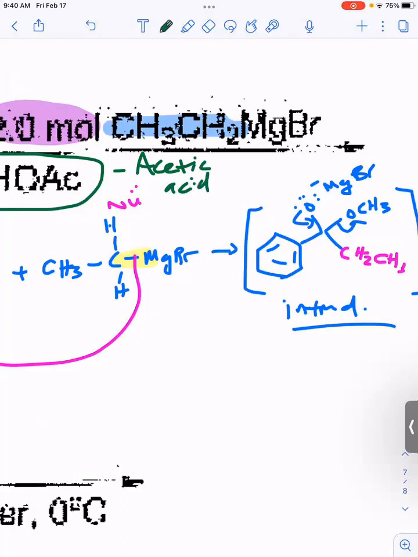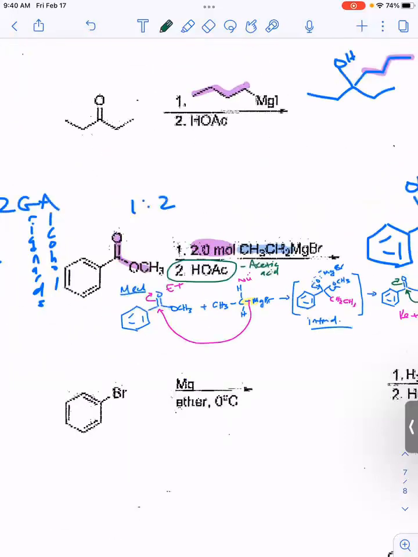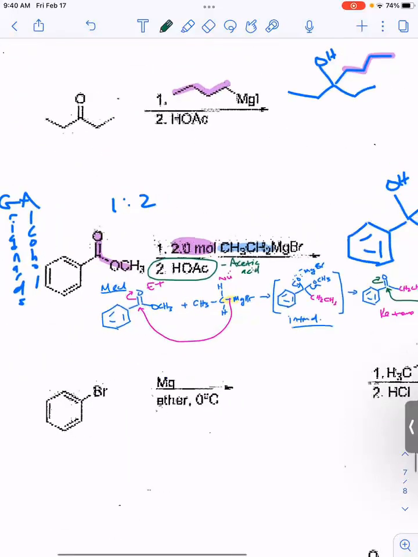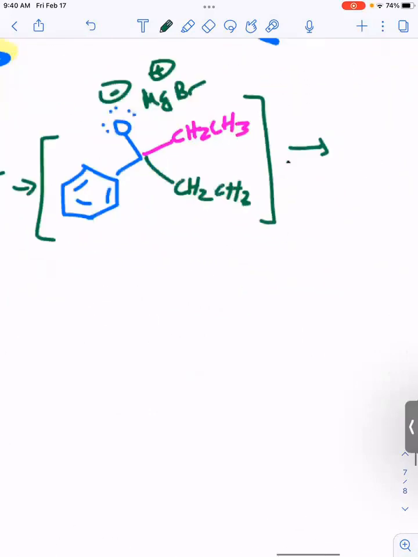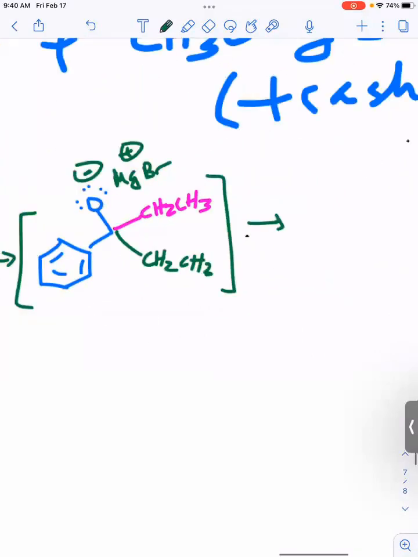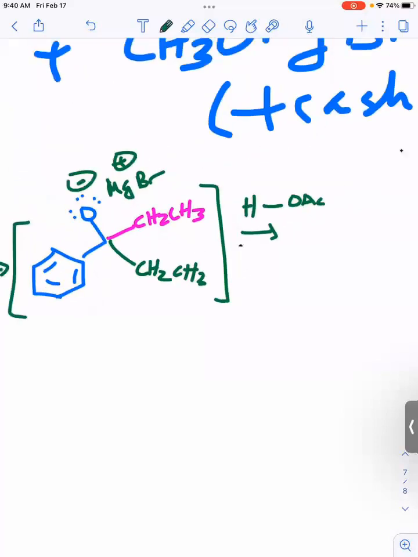If I'm thinking in terms of addition of a Grignard to a carbonyl, what's the role of the acid? Add hydrogen. It's a proton source. Good. I'm going to draw it out so you can see what happens here. So I'm going to do a proton transfer from here to here.